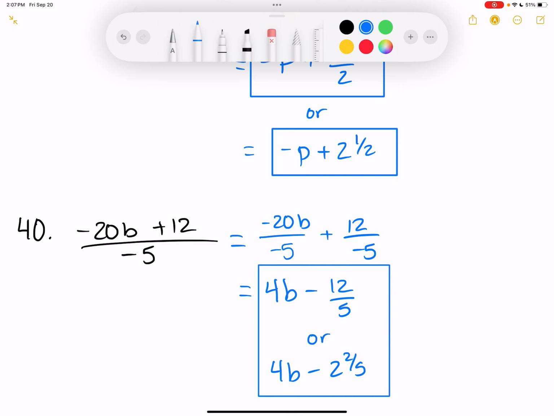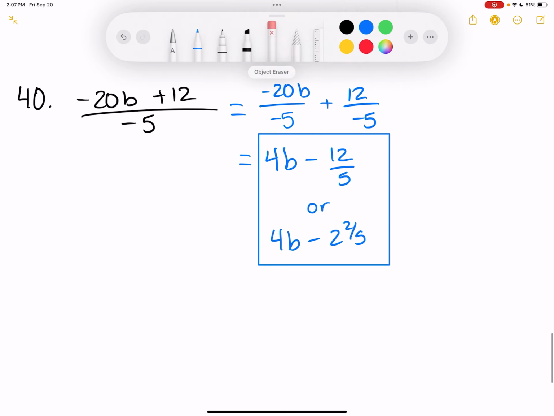Any questions about this stuff? No. All right.